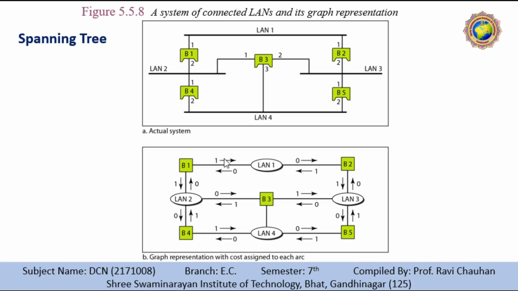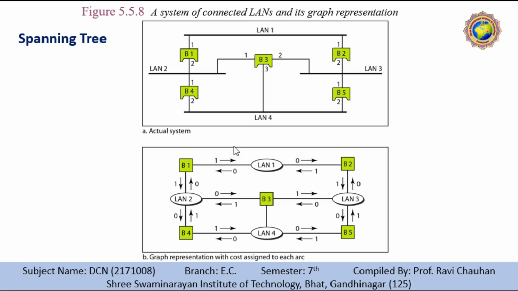We have chosen minimum hops. However, the hop count is normally 1 from a bridge to a LAN and 0 in the reverse direction. So over here, from bridge to LAN the hop count is 1 and from LAN to bridge the hop count is 0.